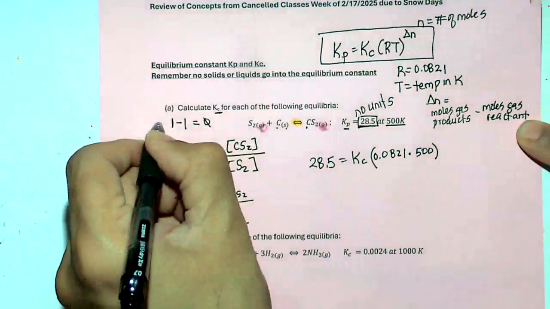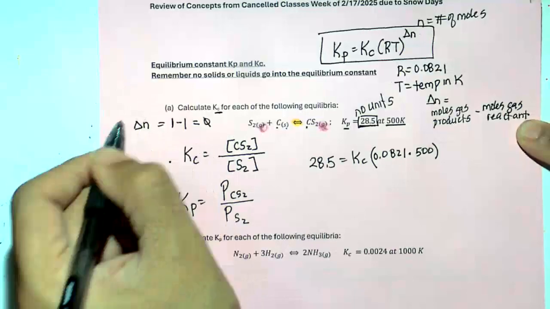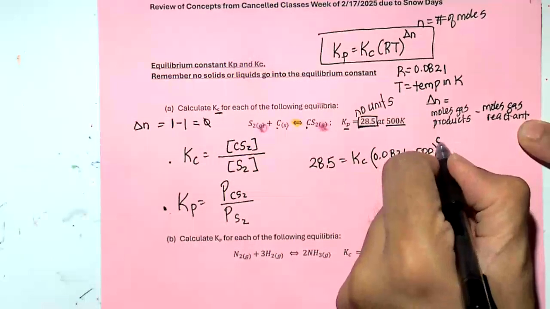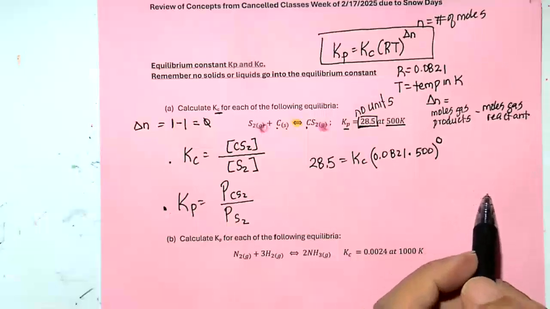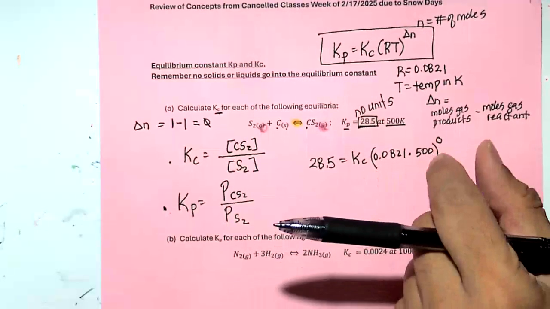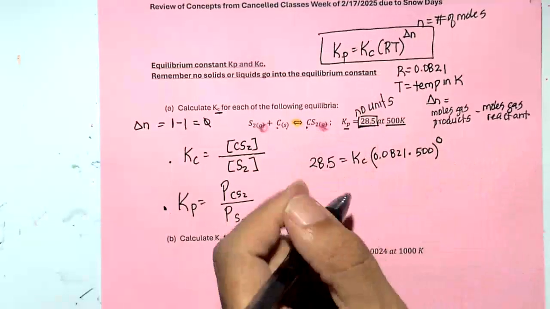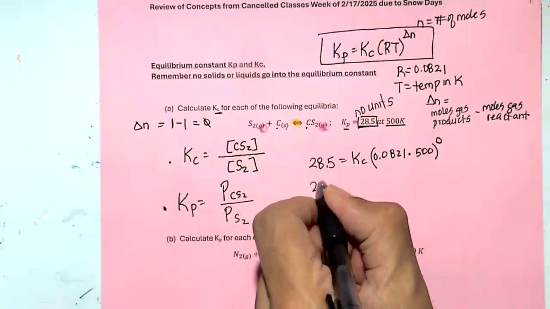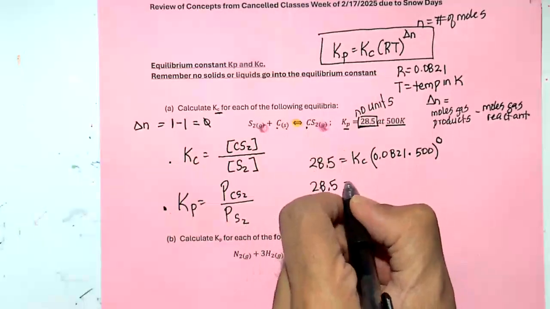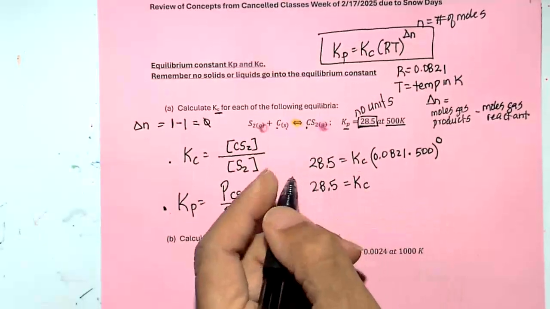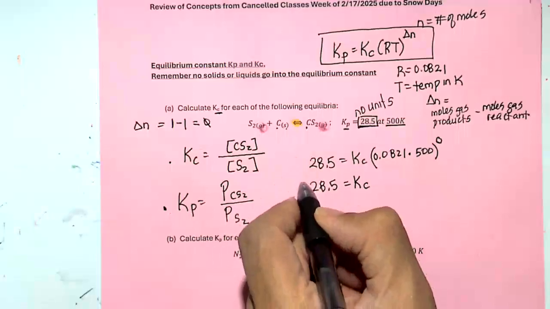So what is delta N? 0. So this whole thing, RT, is raised to the power of 0. What's anything raised to the power of 0? 1. So when there's no change in the moles of gas, Kc is going to equal Kp.